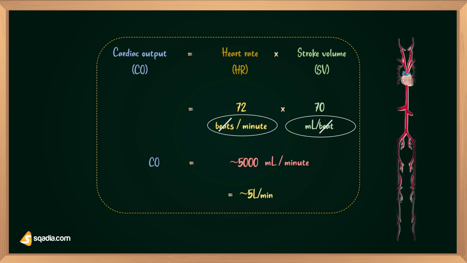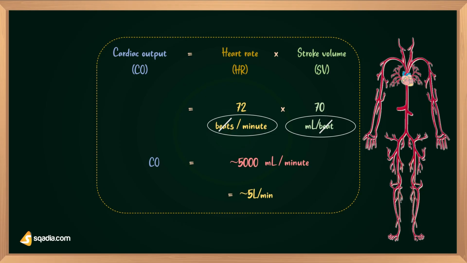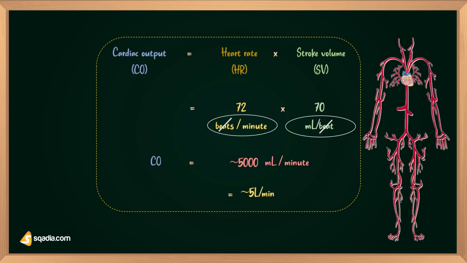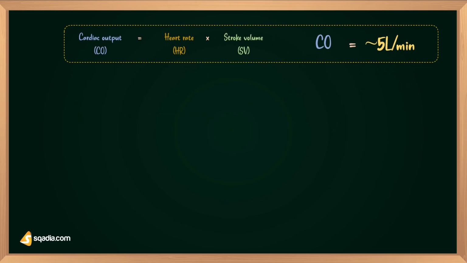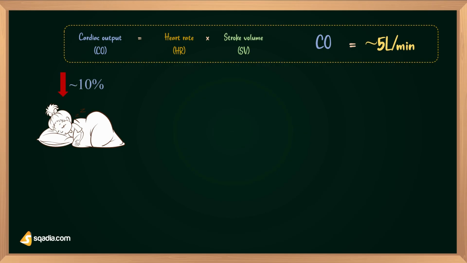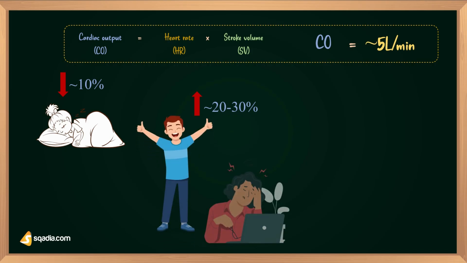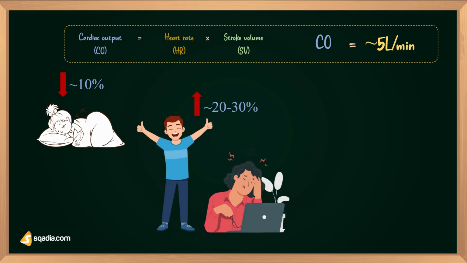That means, within a minute, 5 liters of blood pumps out of the heart and is distributed to the whole body. However, cardiac output is not fixed, but is continually adjusted to meet changes in demand. For example, cardiac output is reduced by about 10% during sleep, and is increased by 20% to 30% during excitement or stress.